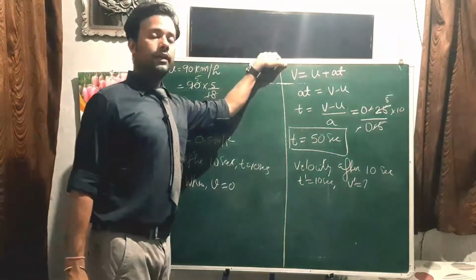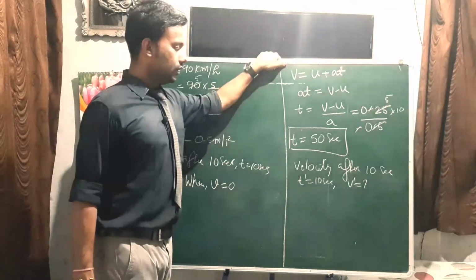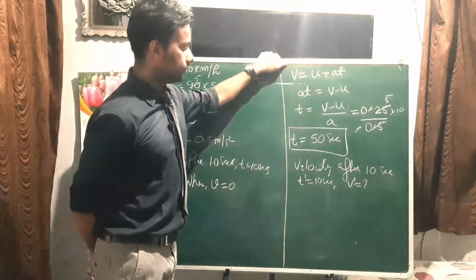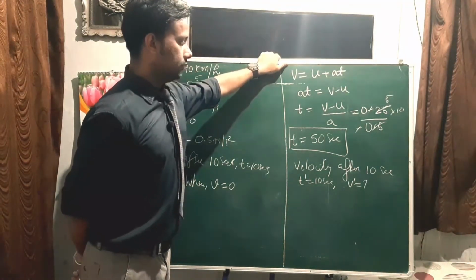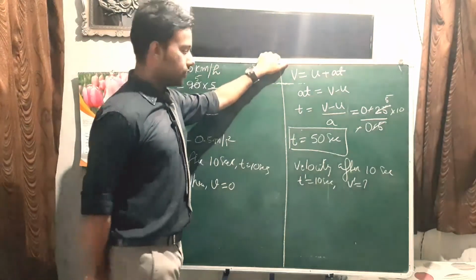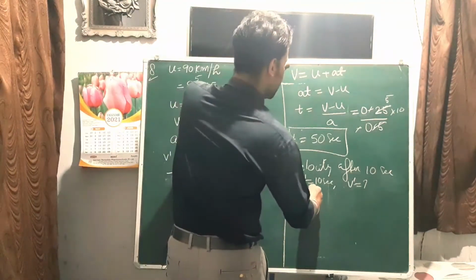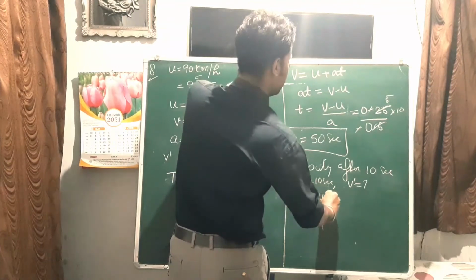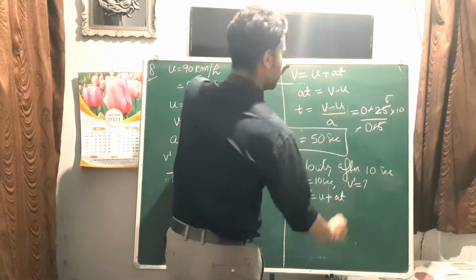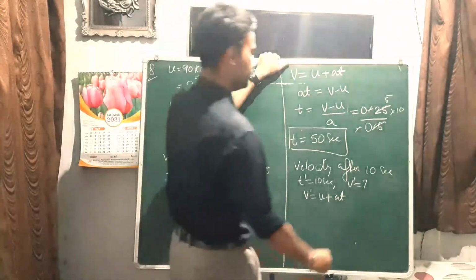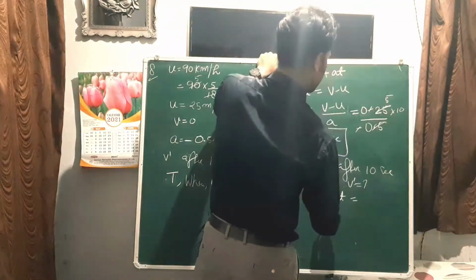So which formula can we apply? Yes, the first equation, again v dash equals u plus at, right? So apply the values. u is 25.